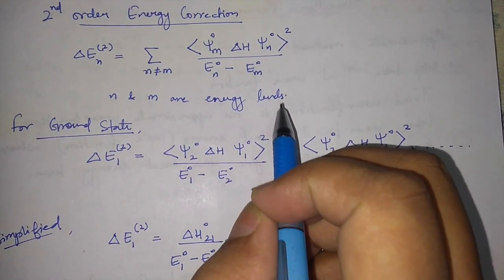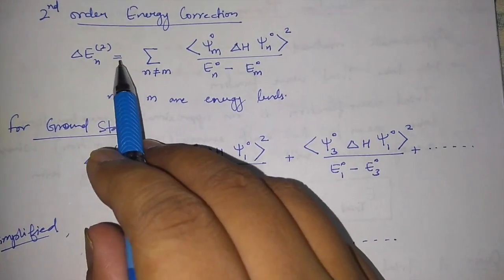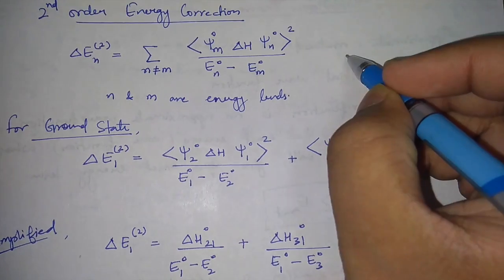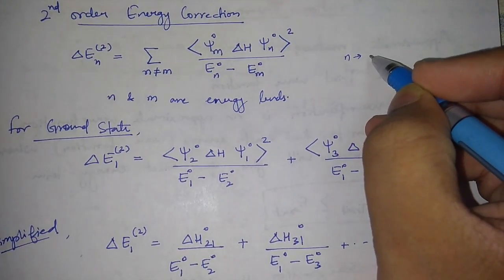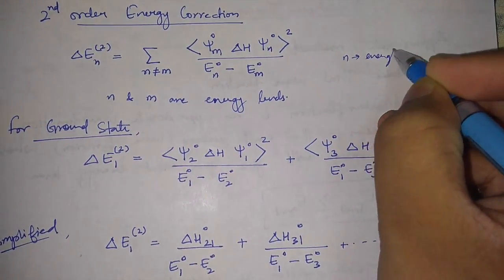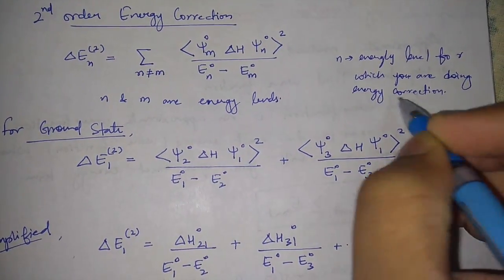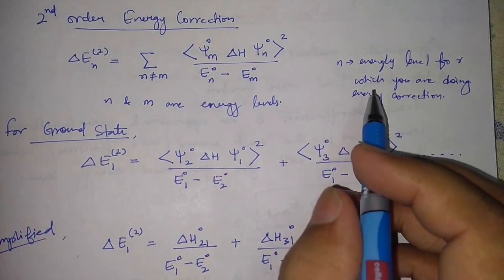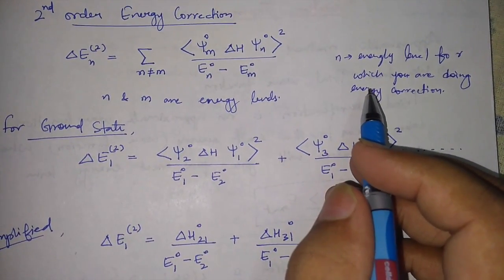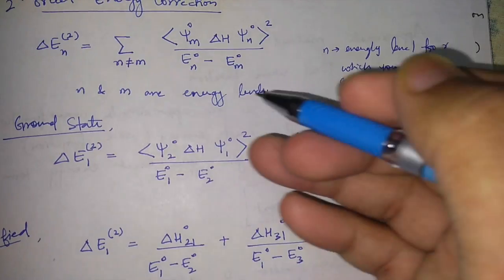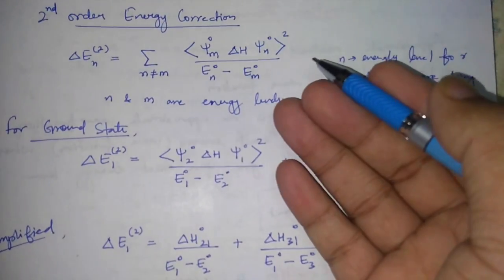So n is the energy level, I'll just write it down over here. Remember, n will be the energy level for which you are doing the energy correction. What is m then? m is all the possible energy levels from where the transition can happen, okay.